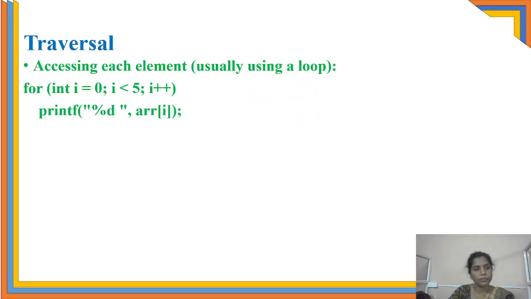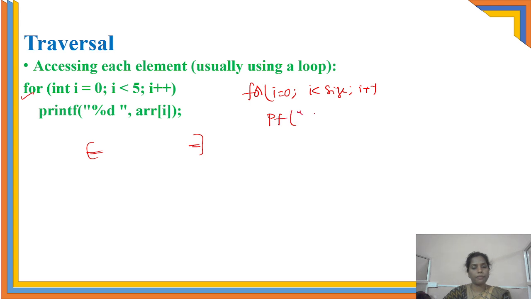First, traversal. As you know, traversal means traversing from the first element to the last element. How to traverse from the first element to the last element in an array? Using a for loop. For i equals 0, i less than size, i plus plus, printf percent d a of i.